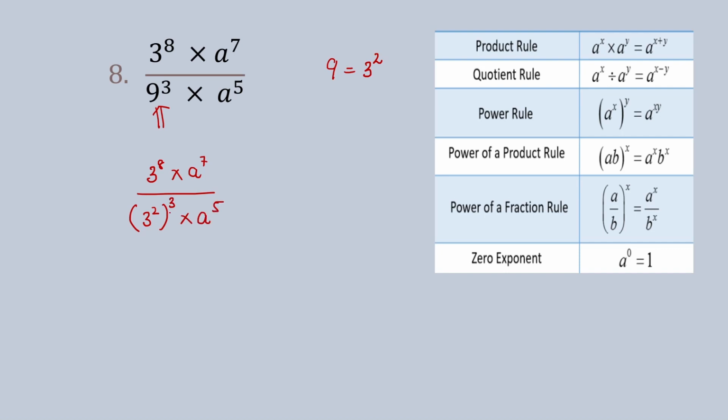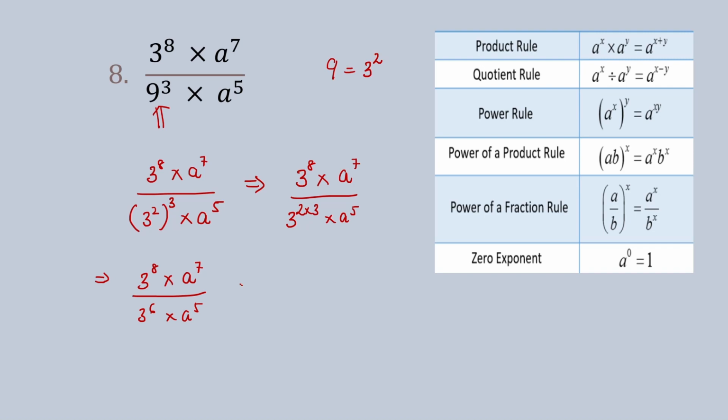Now we have a bracket, so we will solve this bracket and apply power rule, which is power of a power, where we need to multiply both the exponents, which will give you 3 raised to the power 6. 2 into 3 is 6.